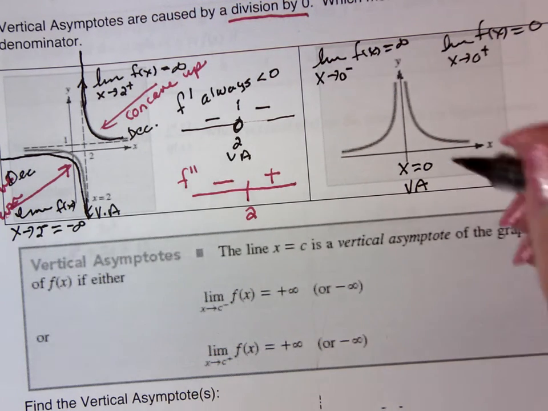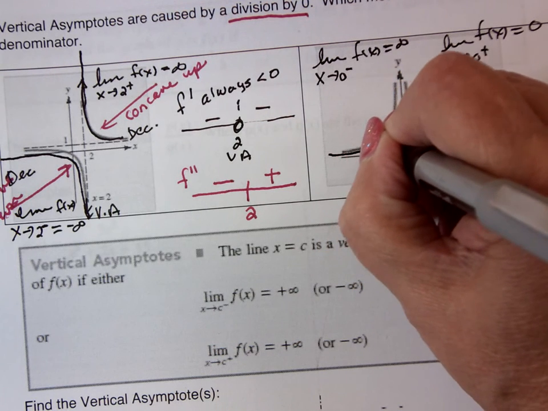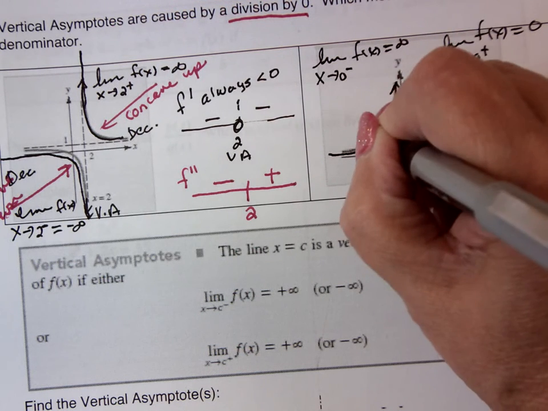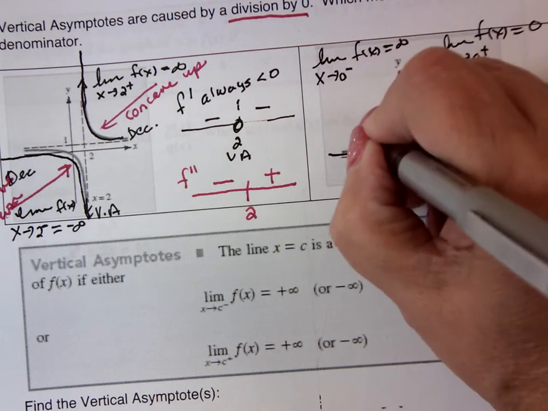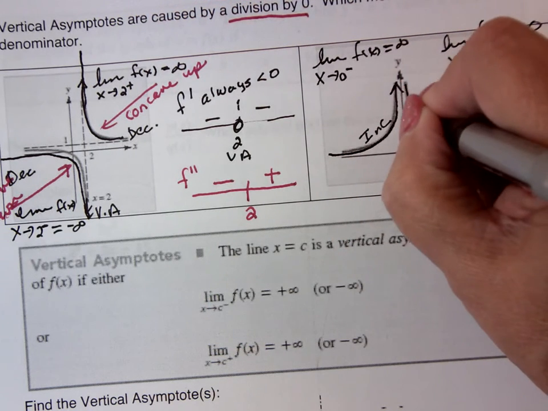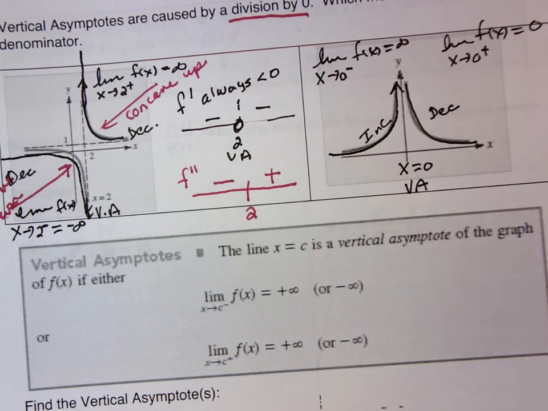Now, if I take a look at what else I've got going, I notice that as I come in on x, I'm increasing till I get to 0, decreasing after 0.